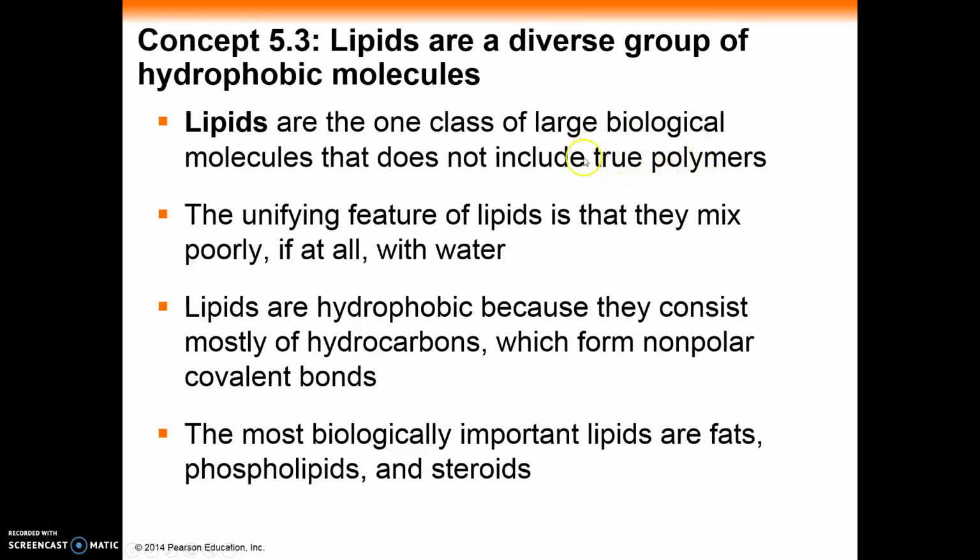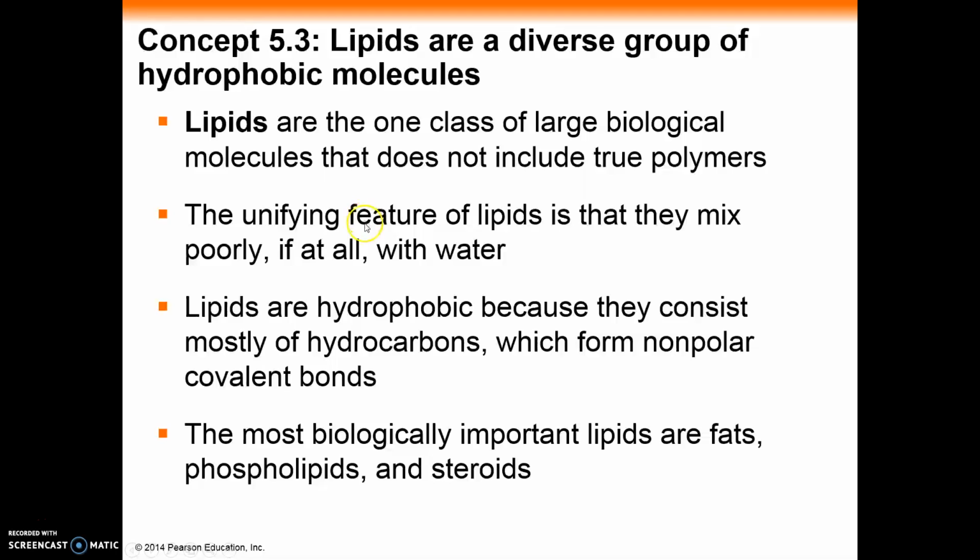There are sometimes places where we can put things together, which is kind of polymer-ish, but it's not really made up of these individual units. And some of these lipids do not even fit that category.